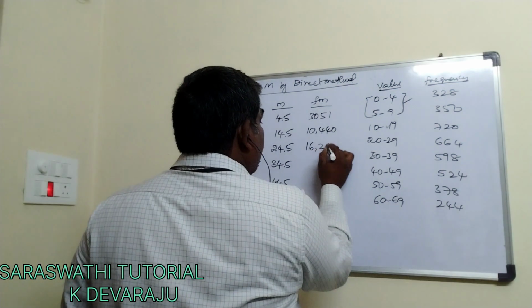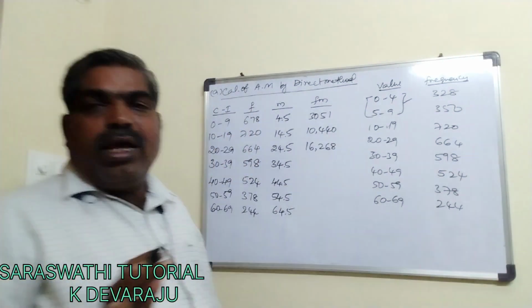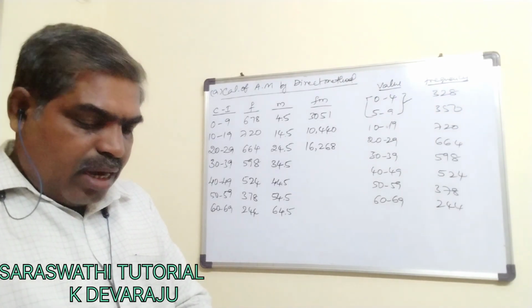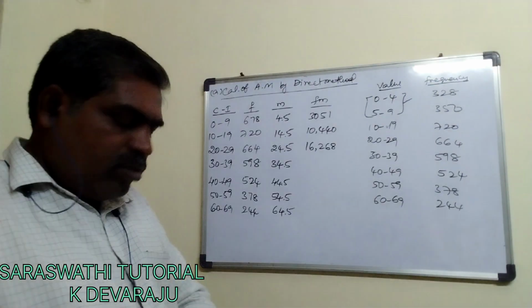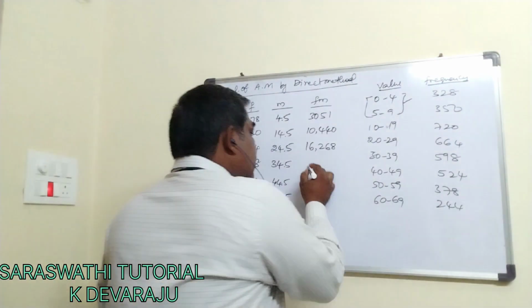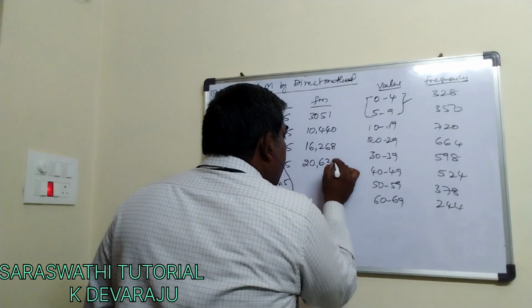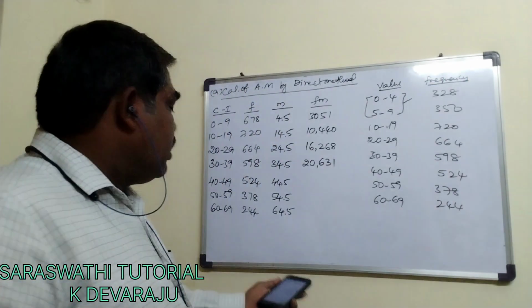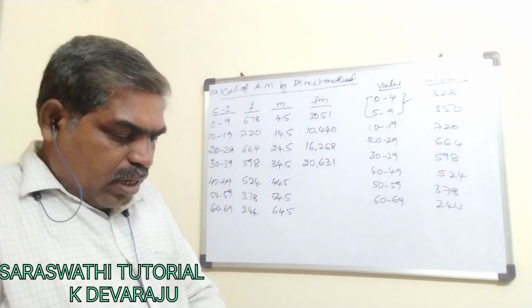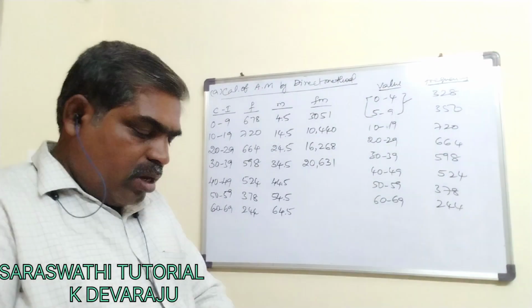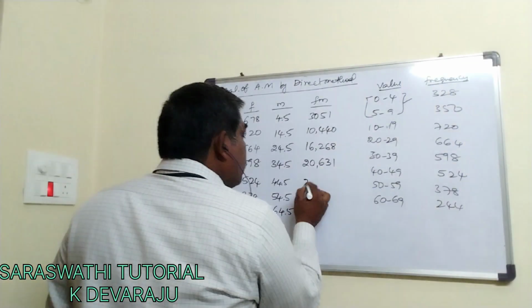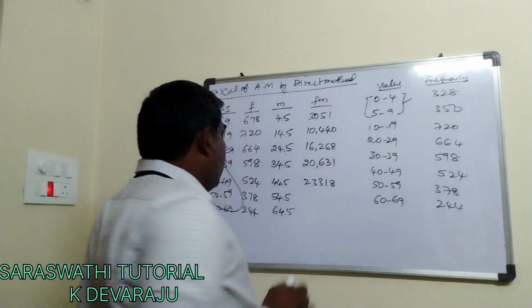In examination, it is allowed to use the calculator. Next, 598 into 34.5 is 20,631. Next, 524 into 44.5 is 23,318.